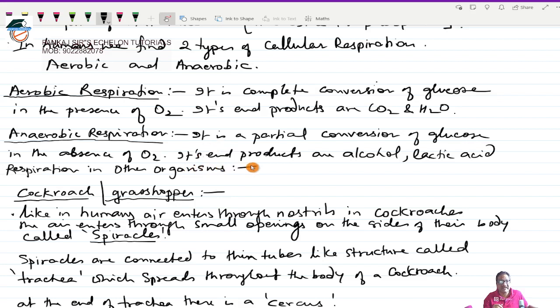The end products are alcohol and lactic acid. Let me tell you, alcohol is the product of anaerobic respiration when it takes place in plants. Lactic acid is the product of anaerobic respiration in animals. So in animals lactic acid is produced as a byproduct and in plants alcohol is produced as a byproduct.